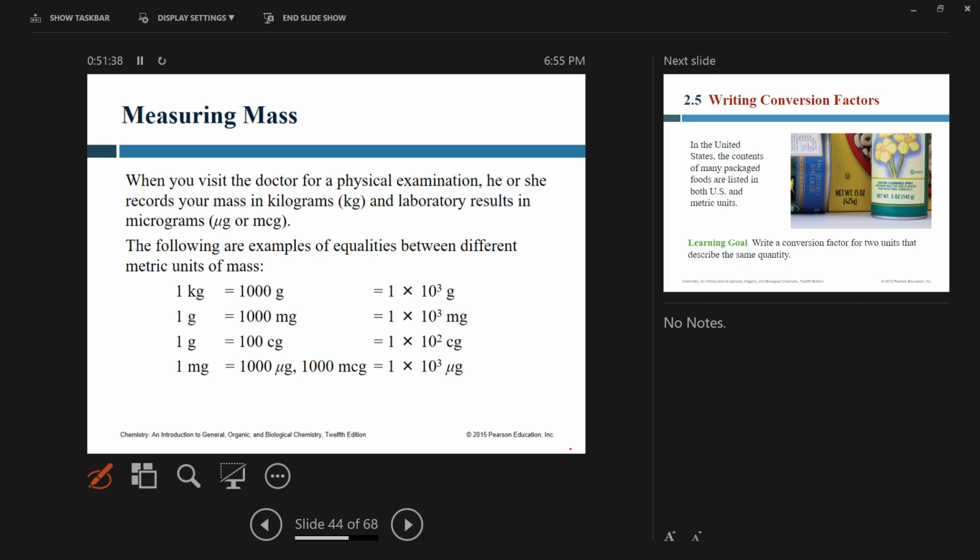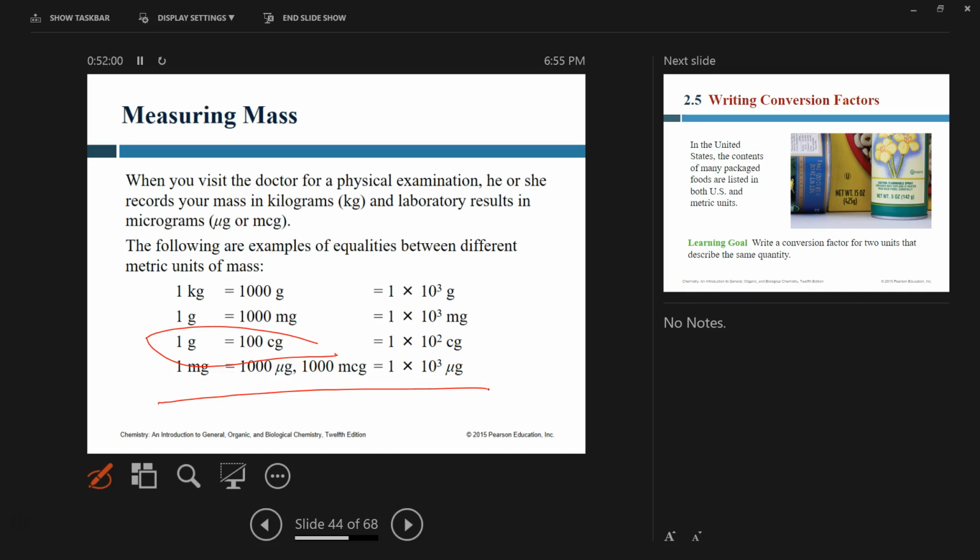Now, what about mass? Same story, 1,000 grams is 1 kilogram. Centigrams are used really infrequently; a centigram is 1/100th of a gram. More frequently we use milligrams, micrograms, stuff like this.